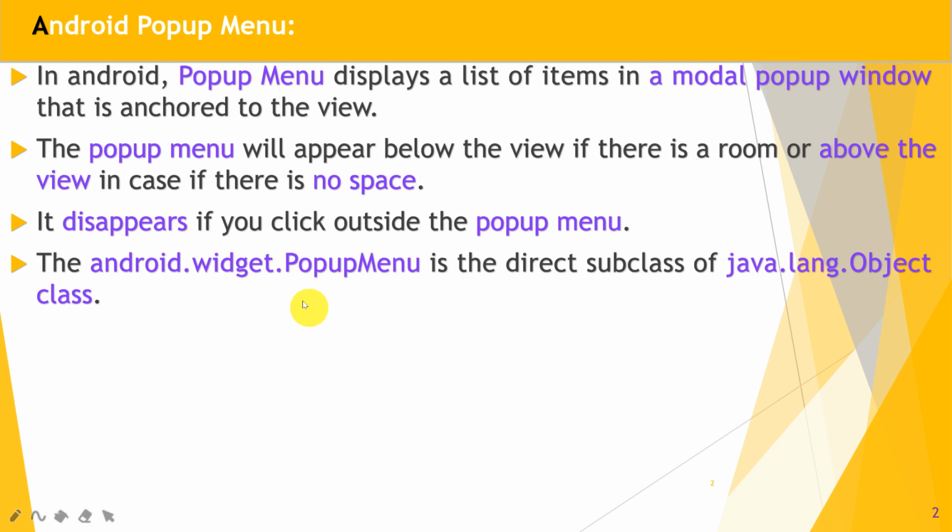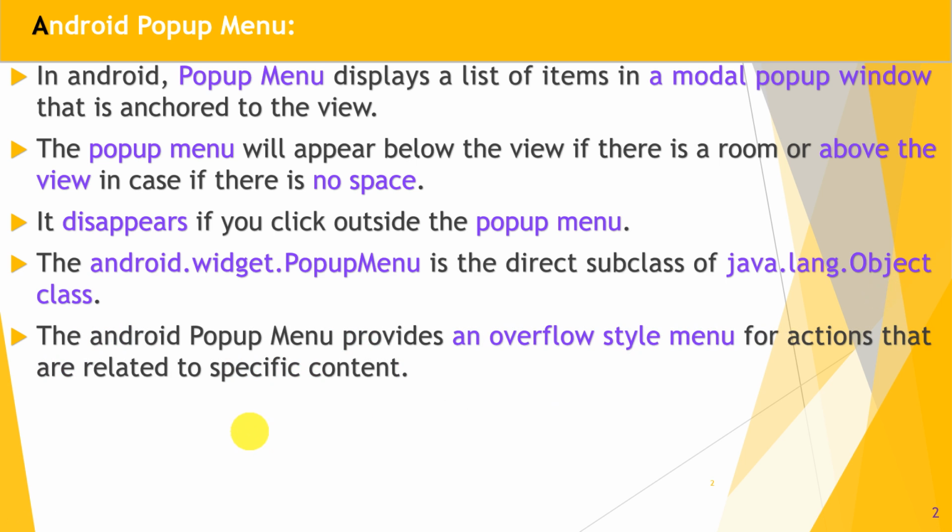We know that in Java every class is almost always inherited from the Object class when we do not write any inheritance relationship for a newly created class. So any newly created class is automatically inherited from the Object class. Similarly, the PopupMenu class is also inherited from the Object class.